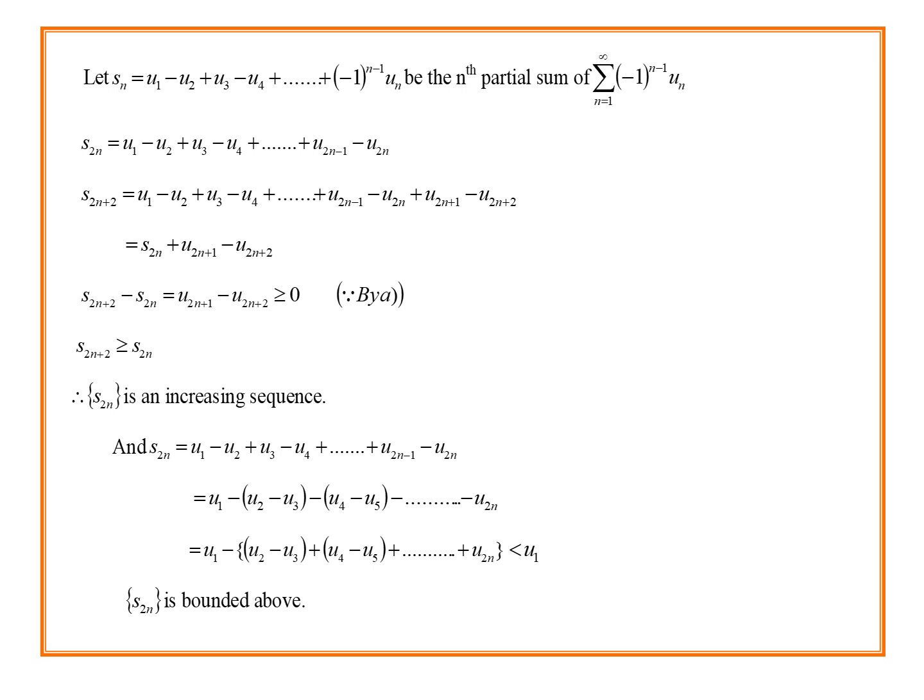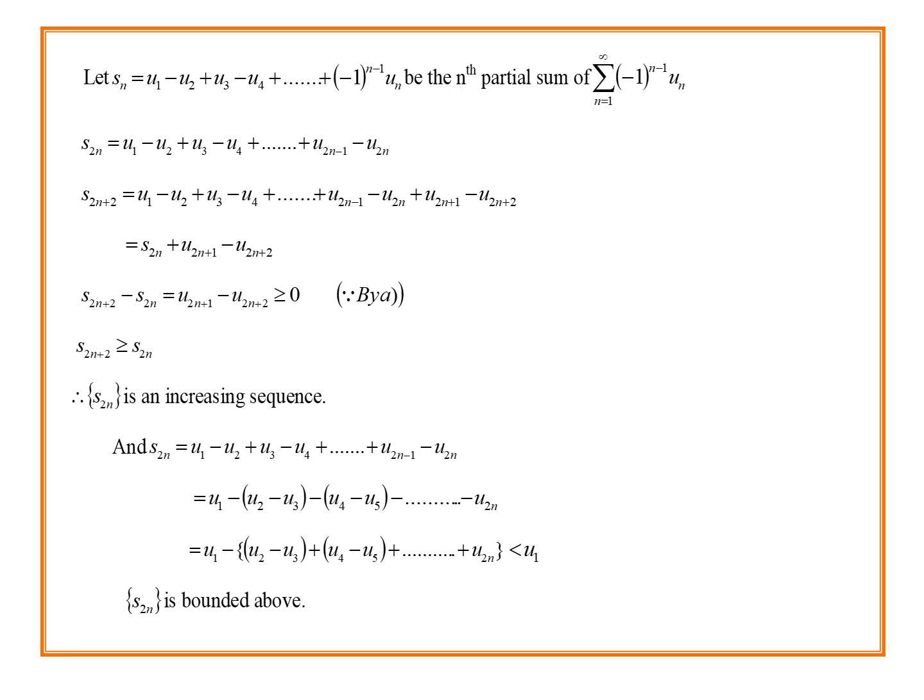For that we take the alternating series. Let Sn equal to u1 minus u2 plus u3 minus u4 plus so on plus minus 1 whole power of n minus 1 un be the nth partial sum of sigma n equal to 1 to infinity minus 1 whole power of n minus 1 into un.